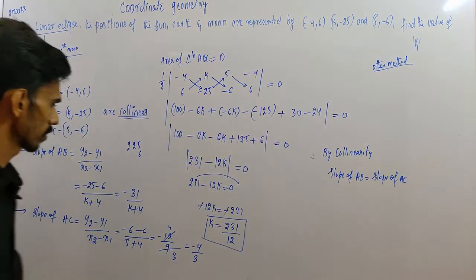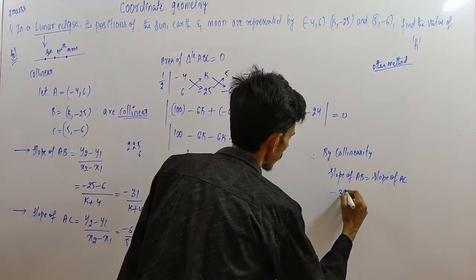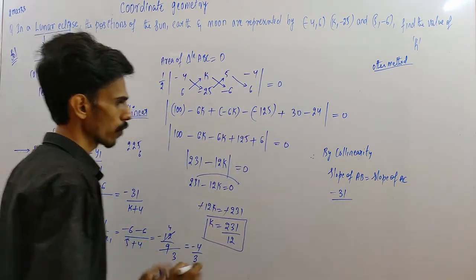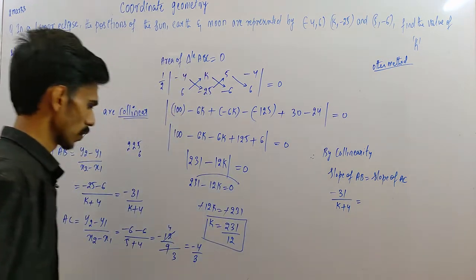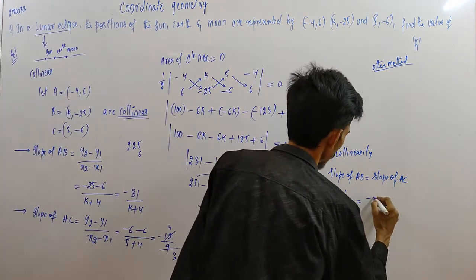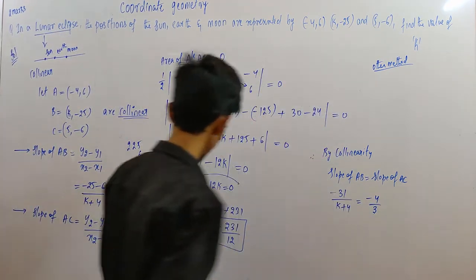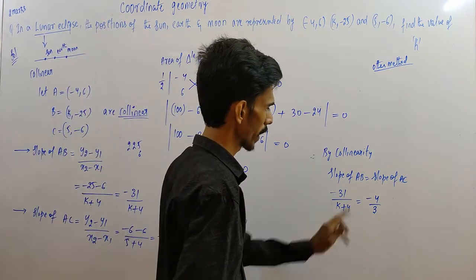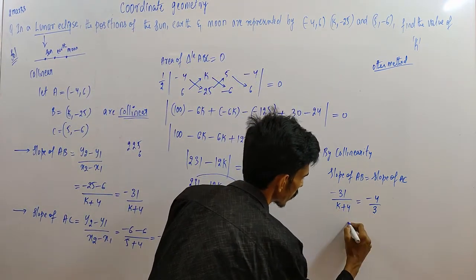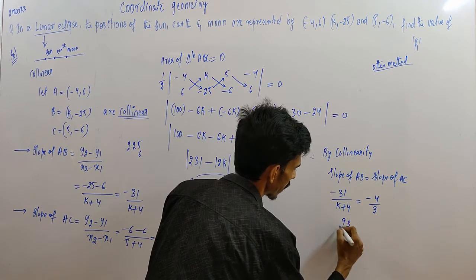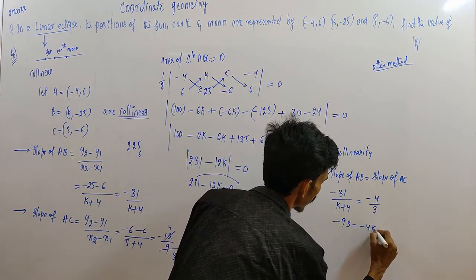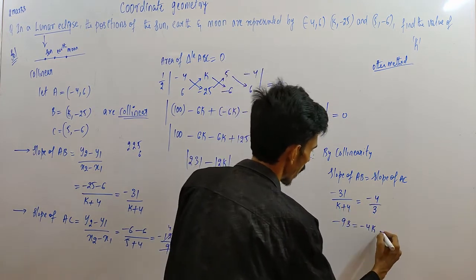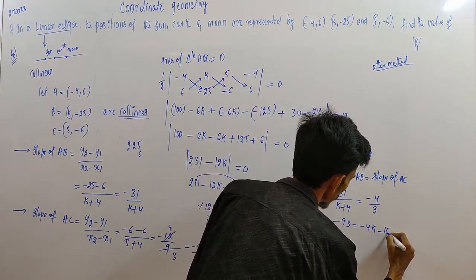We got slope of AB as minus 31 divided by k plus 4. Slope of AC is minus 4 by 3. Now cross multiply: 3 into 31, 3 1s are 3, 3 3s are 9, so 93. Minus 4 into k, minus 4k. Minus into plus, minus 4 into 4, we have 16.